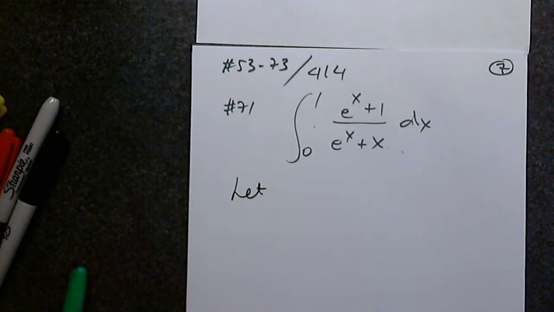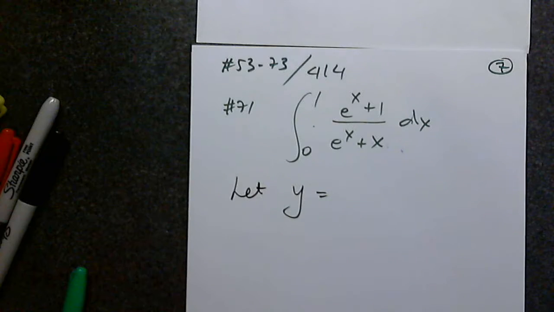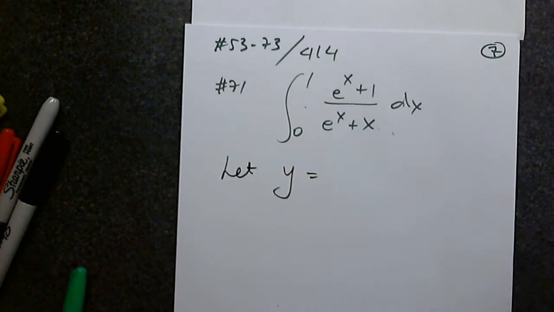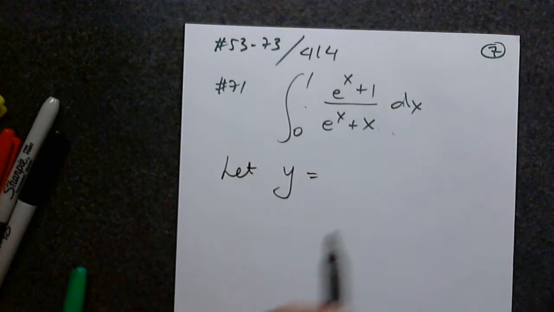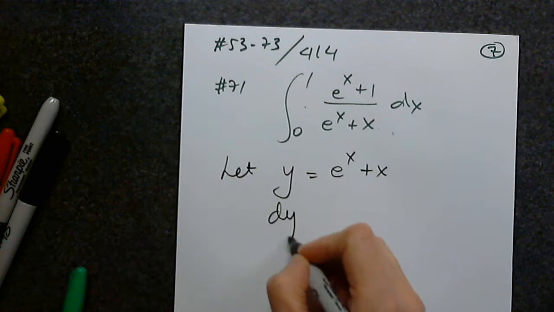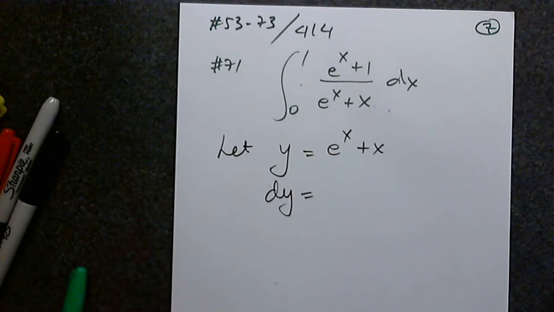Prefer y or u, it doesn't matter, or t. Okay. Let y be. What do you think? E to the x is friendly. E to the x plus x. E to the x plus x is not friendly, and because it's in the denominator. Correct. E to the x plus x. Only if dy is in the problem.